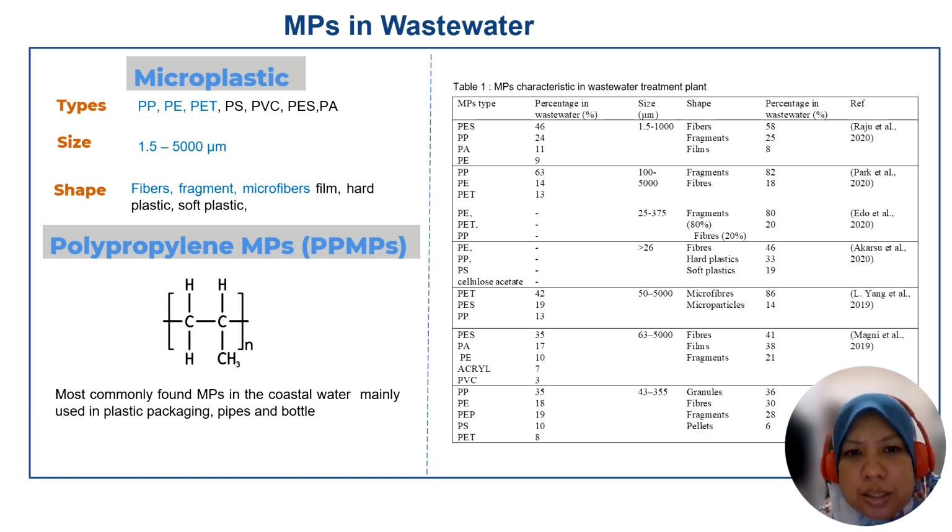The data highlights the diverse nature of MPs in wastewater and the importance of understanding their characteristics for effective management and removal. And then the structure of polypropylene is shown in this slide, and it is one of the most commonly found MPs used in plastic packaging, pipes, and bottles.